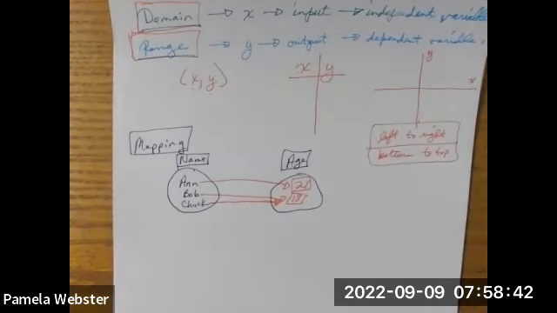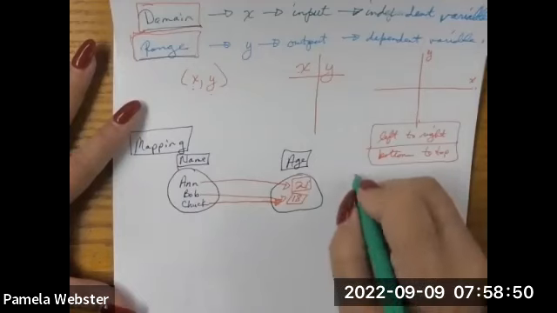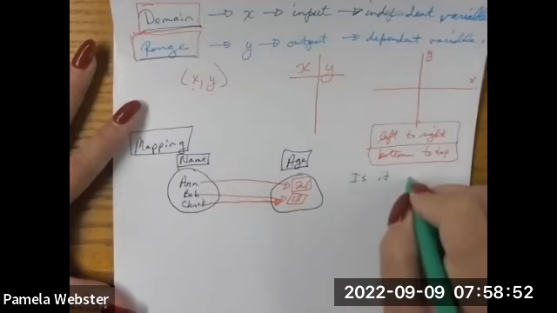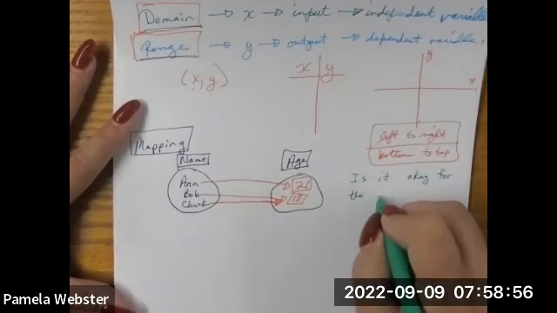So let's think about that for just a second. Now my age is repeating. So the question becomes, is it okay for the output to repeat?